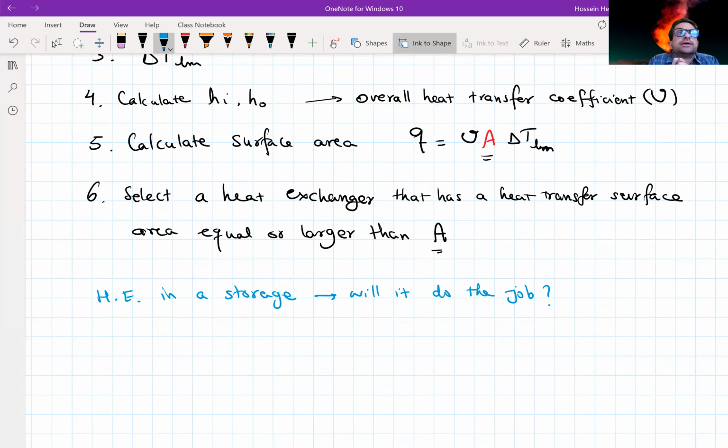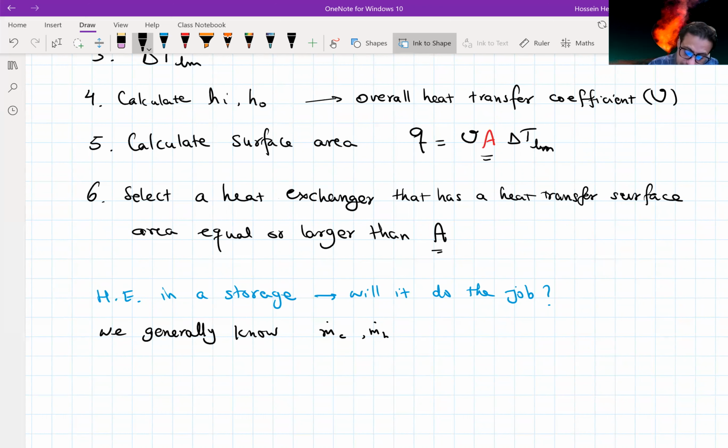For this type of problem, generally what we know is the mass flow rates. So we generally know m dot C and m dot H, the mass flow rates for the cold and hot streams.